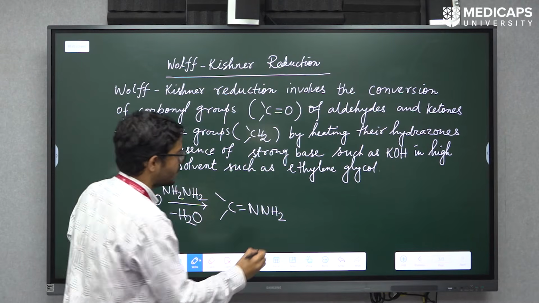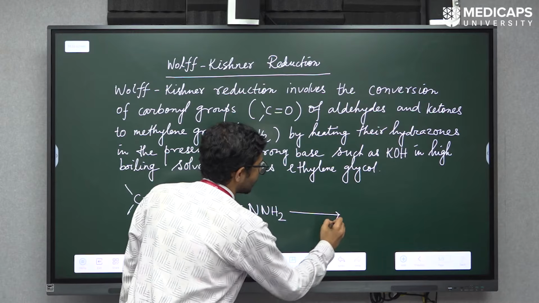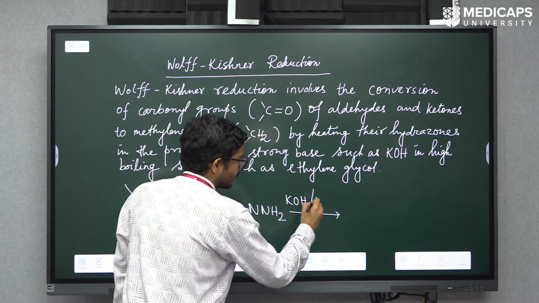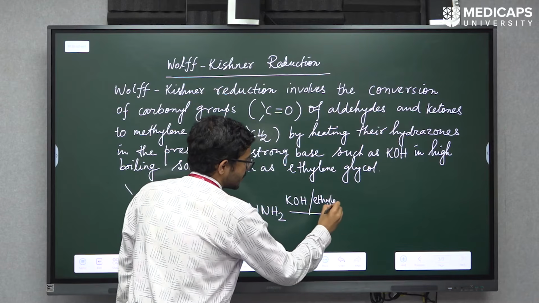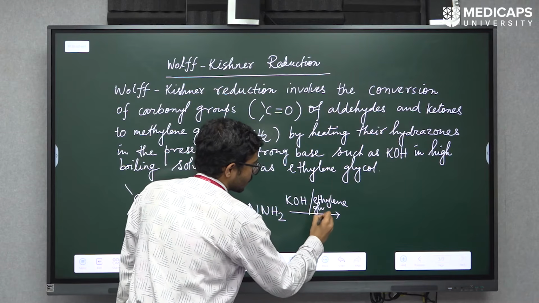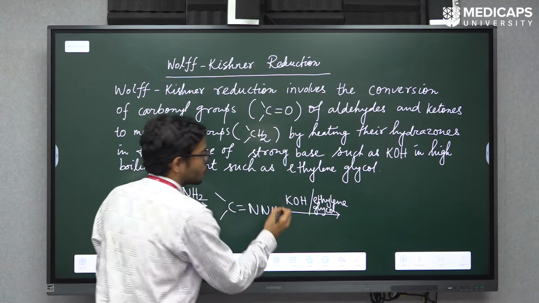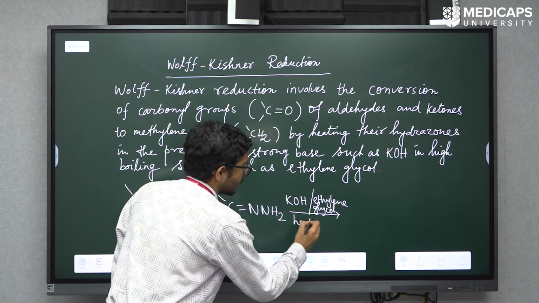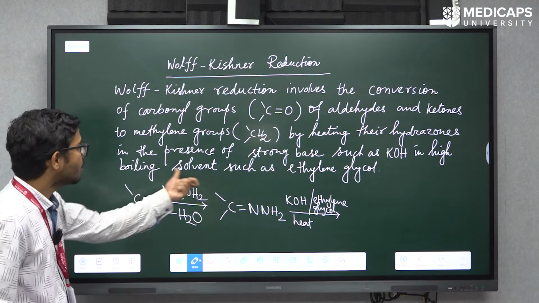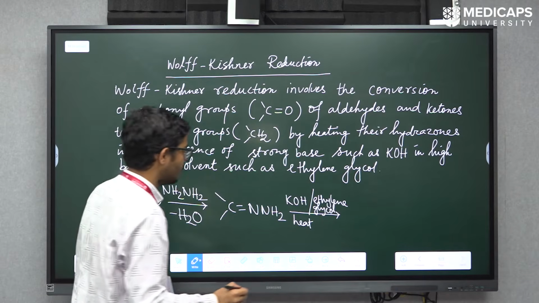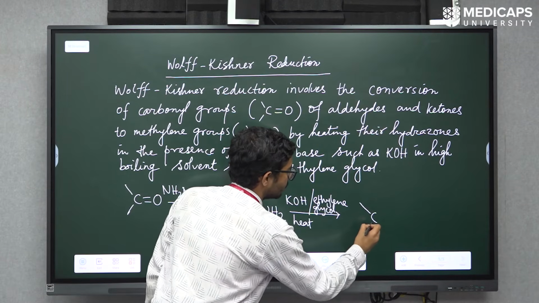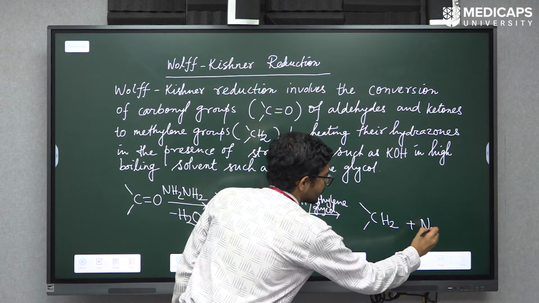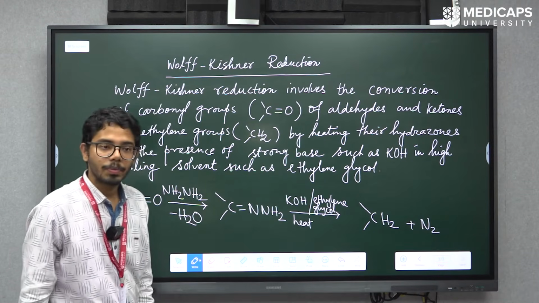Now this hydrazone derivative is heated in the presence of a strong base like potassium hydroxide in a high boiling solvent such as ethylene glycol to convert it into a methylene group, and nitrogen gas is liberated.